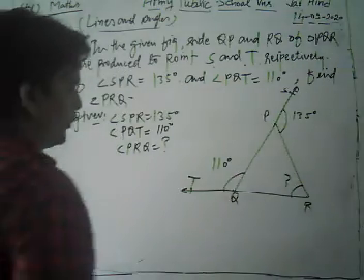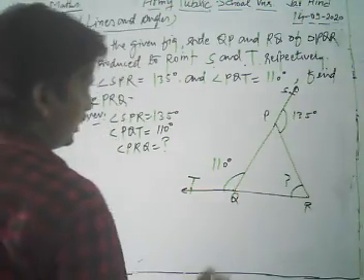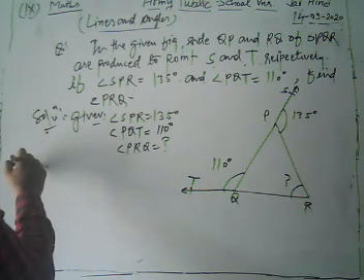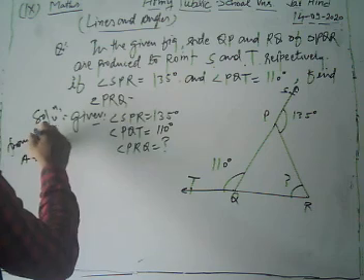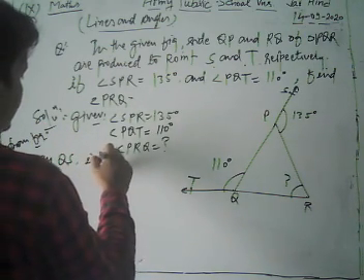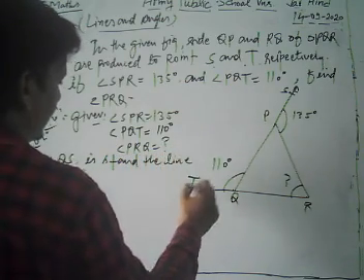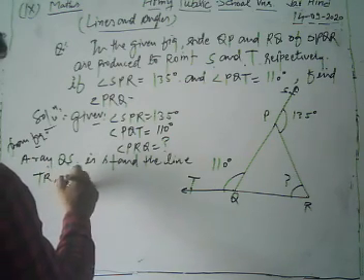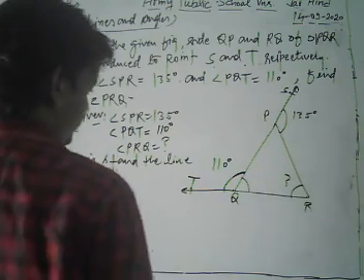First of all, TR is a straight line and ray QP stands on the line TR, so they form a linear pair.